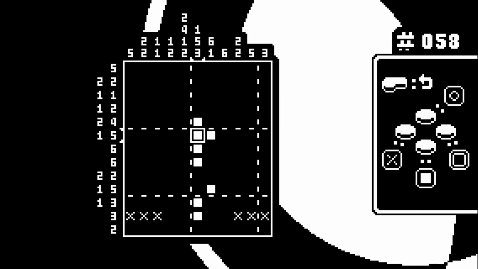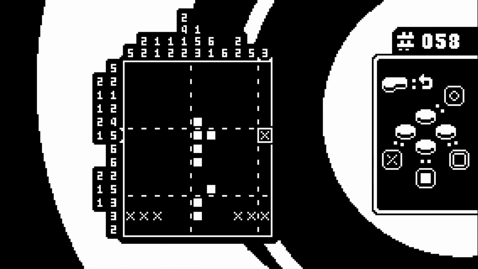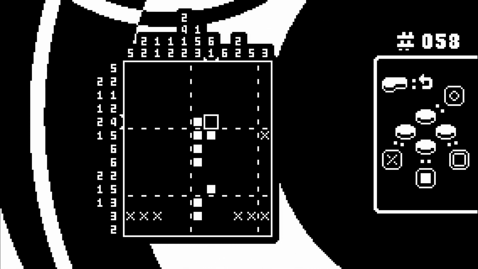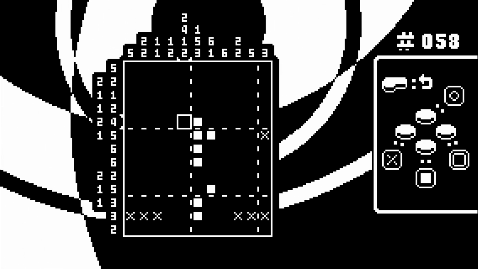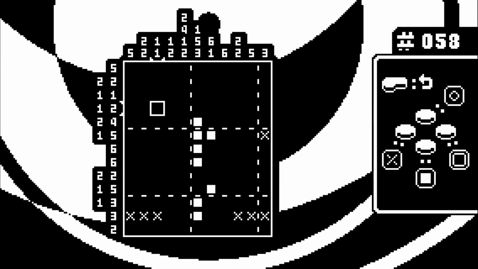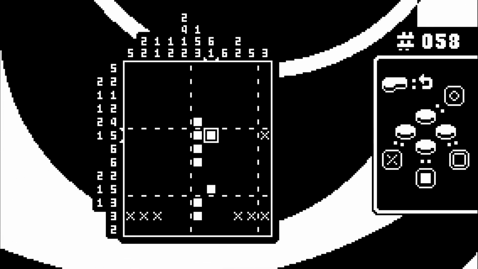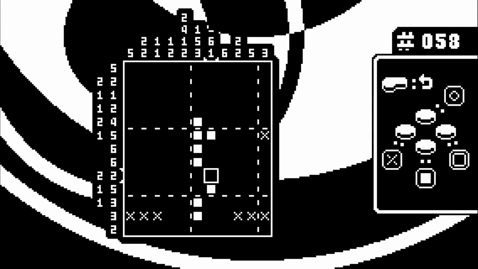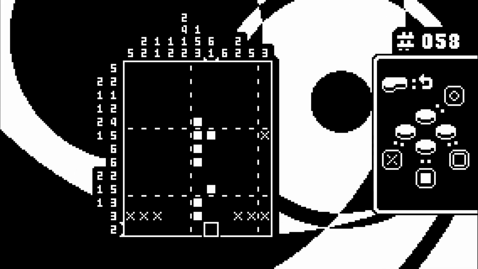Now, with this cell input, what does that tell me about this 5? That it can't go this far over? The 4 could fit there. Okay, so 6 and 1. Well, no, the 6 could come all the way down here and the 1 could be there.